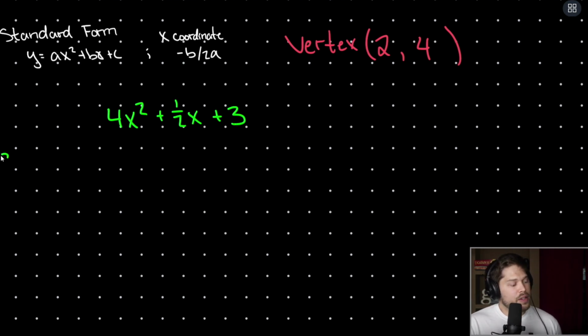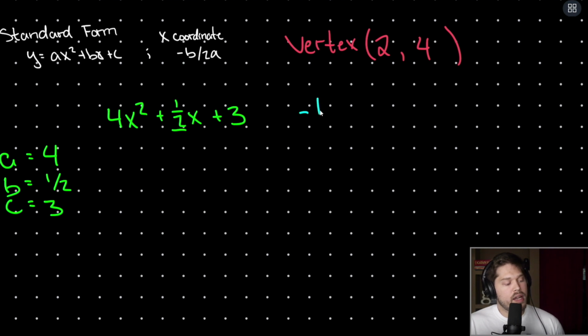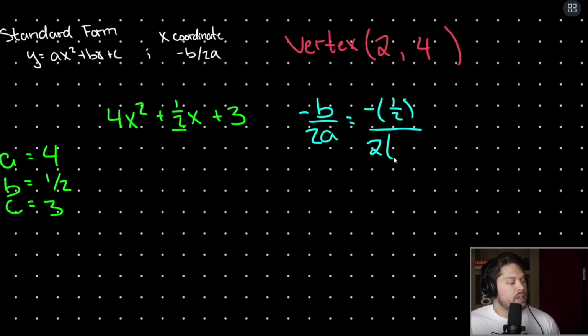Okay, so first step is to find our a, b, and c values. Our a value here is just 4. Our b value is positive 1/2, and our c value is 3. Next, we're going to use the formula for our x-coordinate of negative b over 2a, plugging in our b and a values. So we have negative 1/2 over 2 times 4.